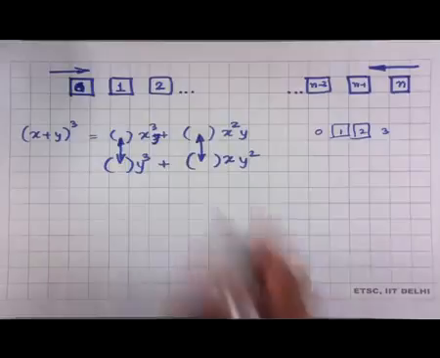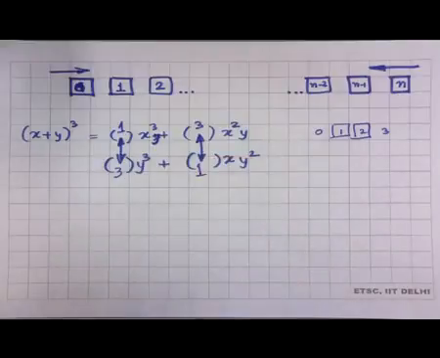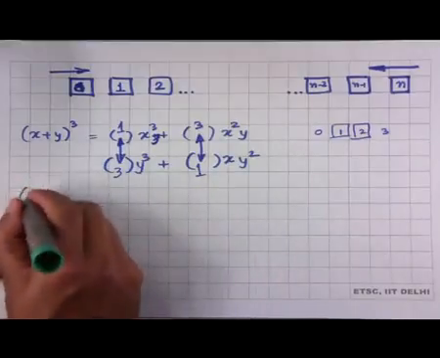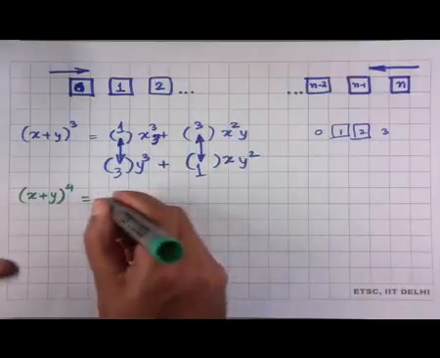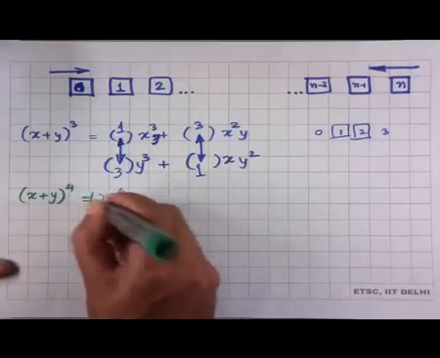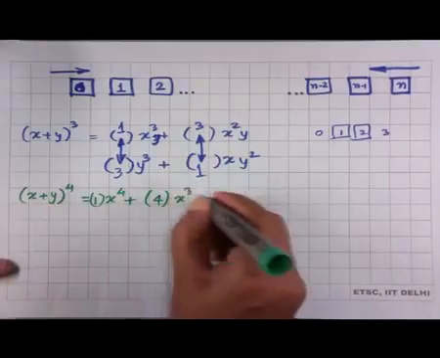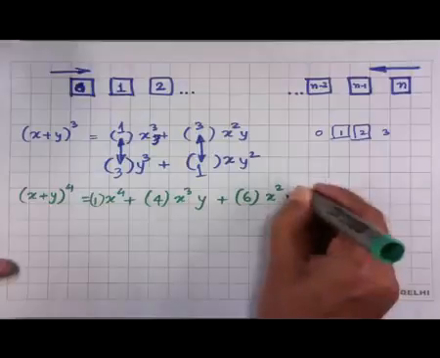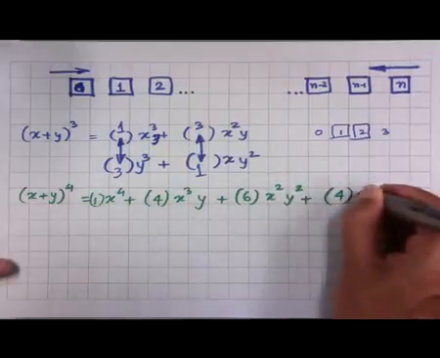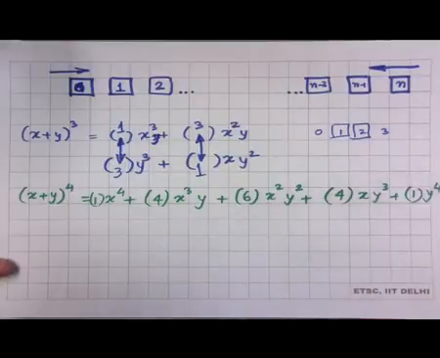But suppose, so we know these coefficients, you know them just by the way. Suppose you were doing x plus y whole power 4, right, what would happen? You would get x power 4 times 1 plus 4 times x cube y plus 6 times x squared y squared plus 4 times x y cube plus 1 times y power 4, right.